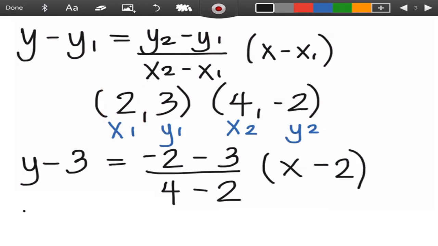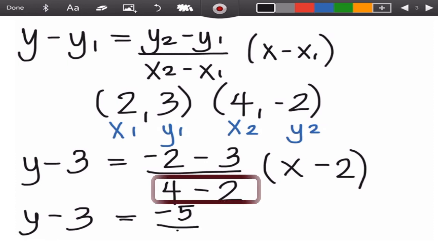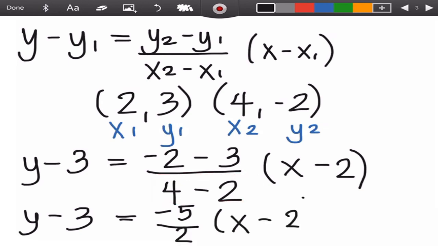And then we will simplify. y minus 3 equals negative 2 minus 3, same sign, add, copy their sign, so we have negative 5 over 4 minus 2, we have 2, and then copy x minus 2.